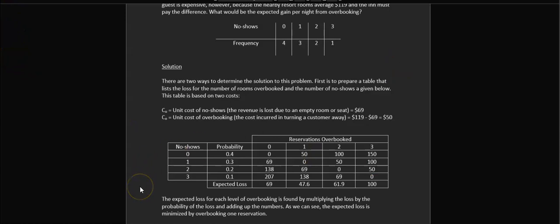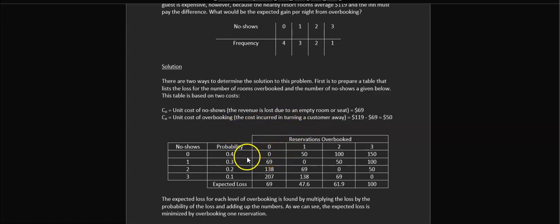So now the important part: how do you calculate the probabilistic loss of money as a result of these numbers and these probabilities. What you do is go into each column and say the probability of zero cost. This is all loss factors, either opportunity lost or sending them to another hotel loss.